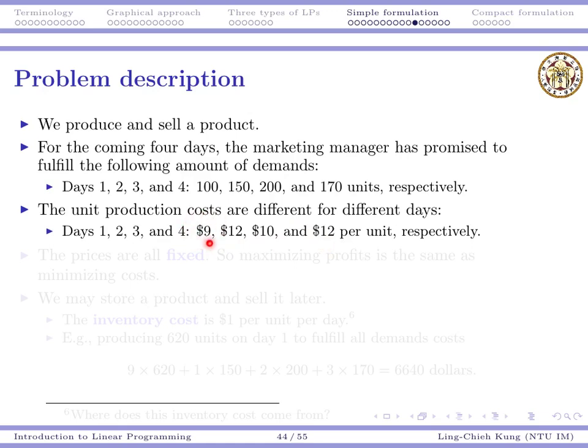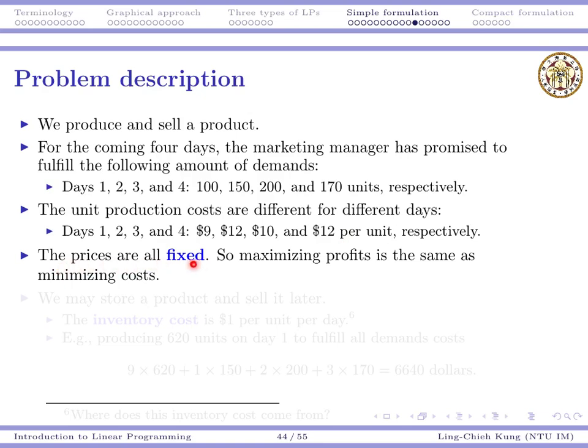If you can make all the production today and then sell in the future, then it will be cheaper instead of making all the products on the day when you need them. And also you know that the prices are fixed. So if you want to maximize your profit, all you need to do is to minimize your cost. Okay? That's something you are expecting.